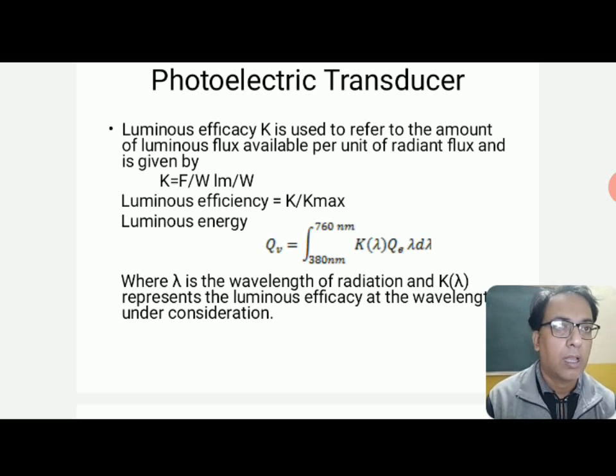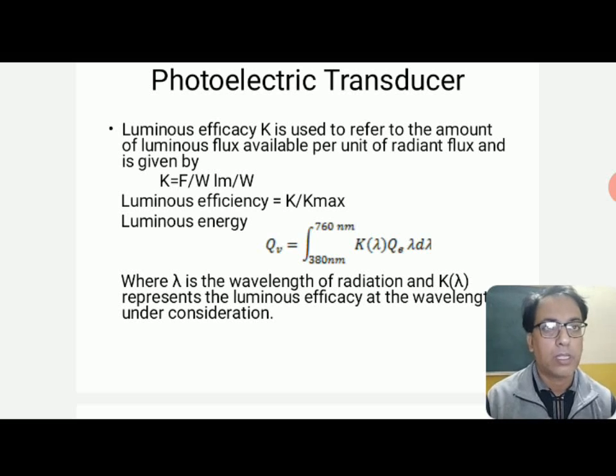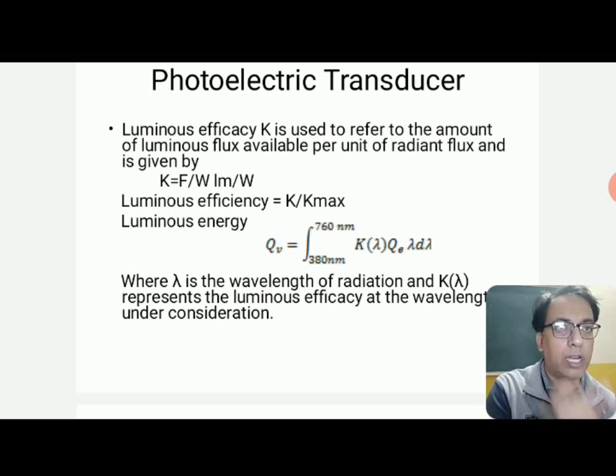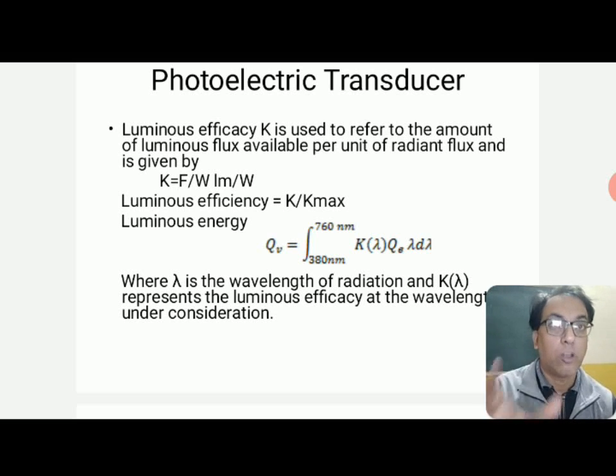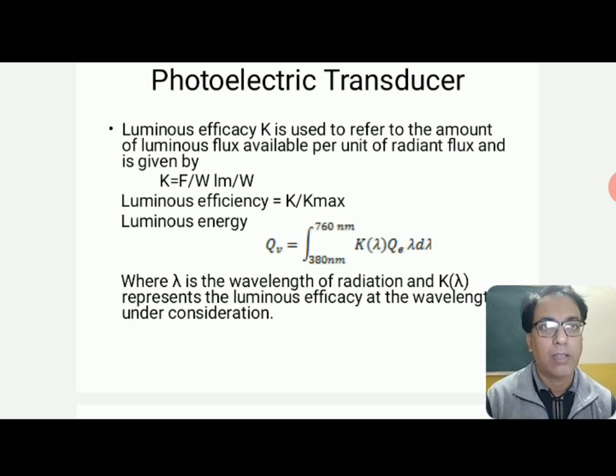That means how much luminous flux is available for a radiant flux. If you define a flux in terms of radiant flux, and from that I want to know how much luminous flux is available, then it is expressed as K is equal to F by W, that is known as luminous efficacy.